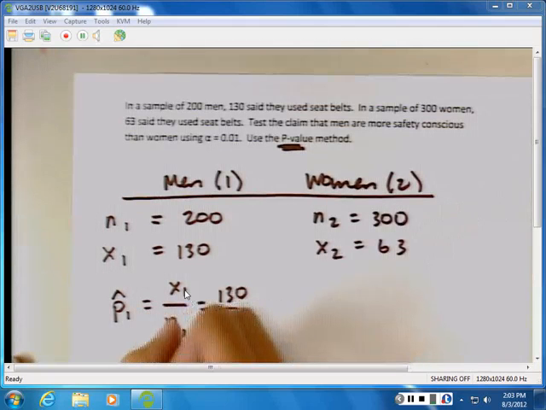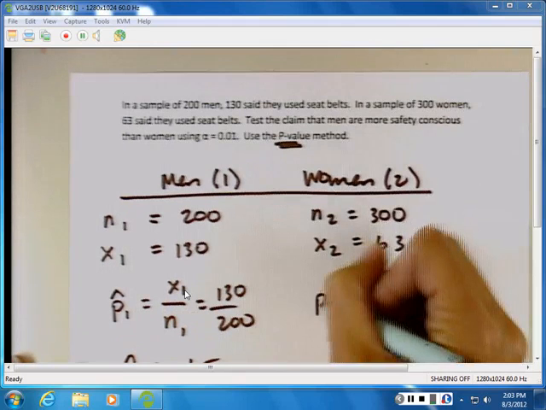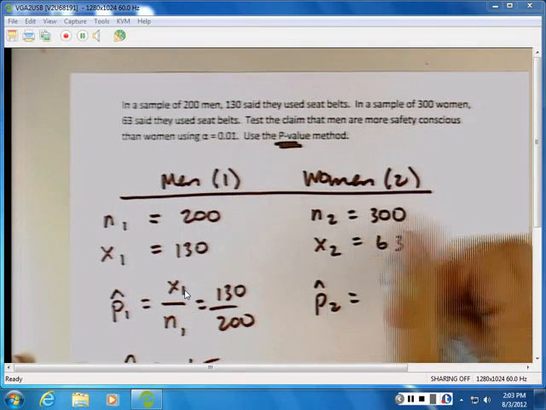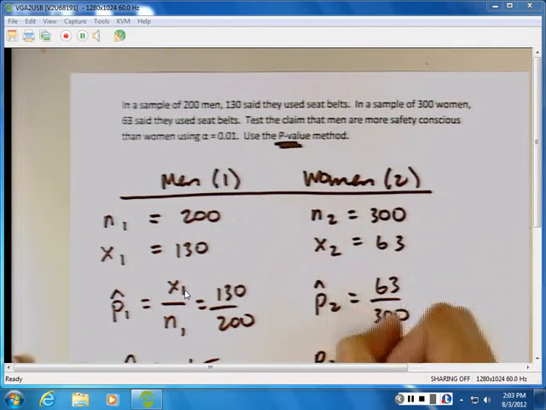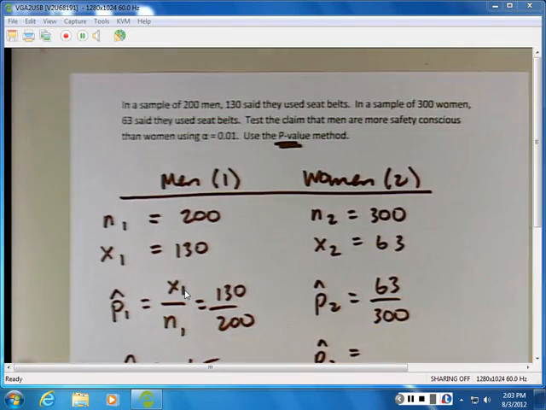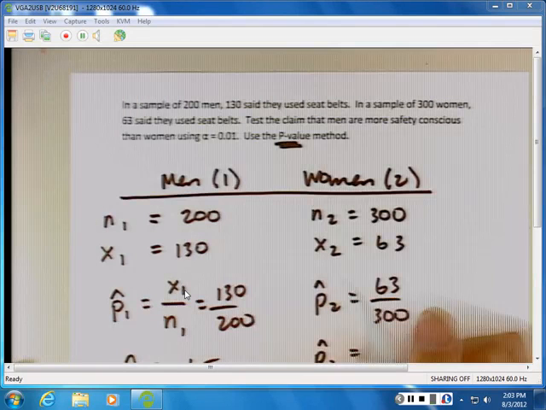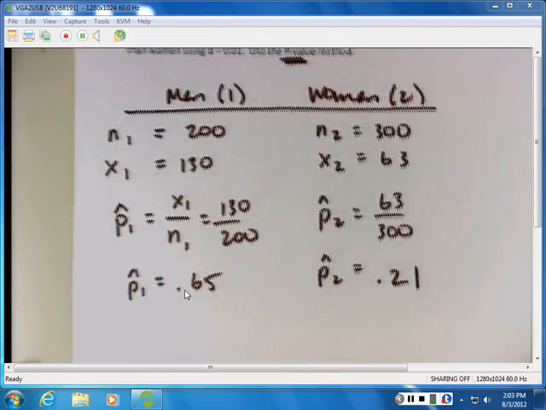So p1 hat is 0.65. And then for p2 hat, same story. So p2 hat is equal to 63 over 300. 63 divided by 300 is 0.21.